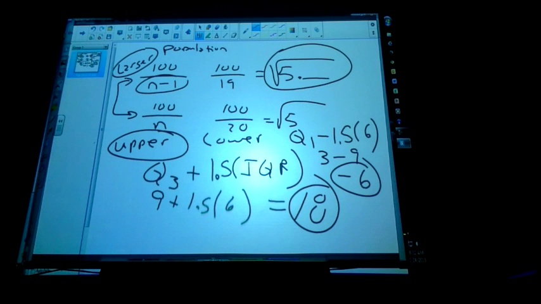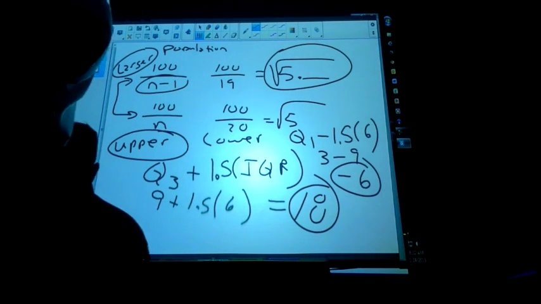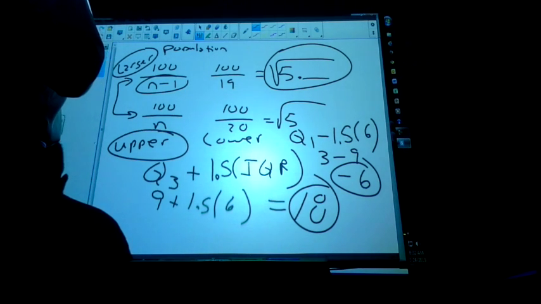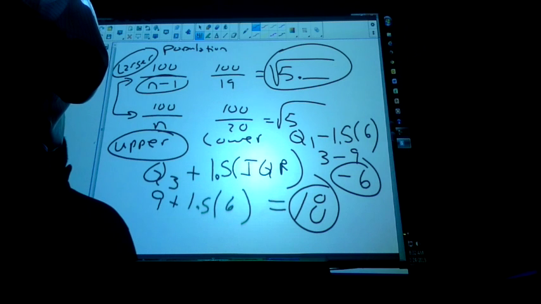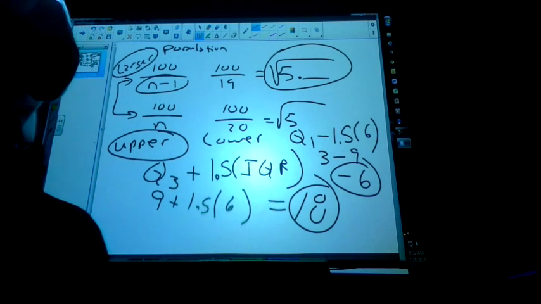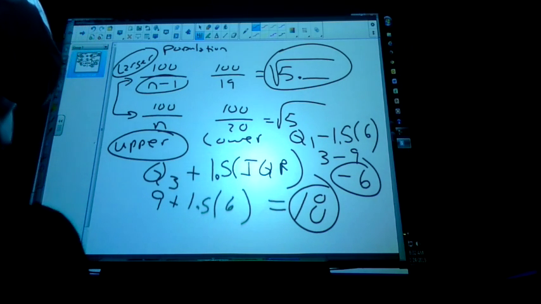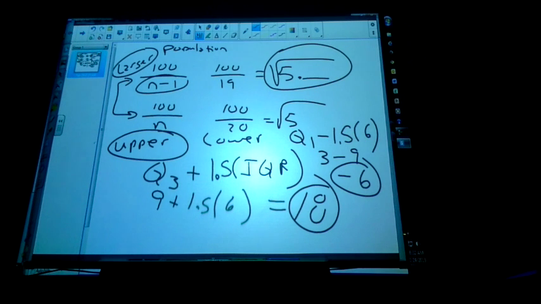All right, answer the following: true or false? The mean is not a resistant measure of center. Can the mean move?